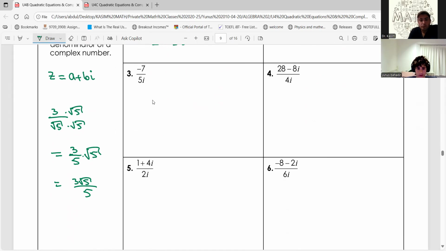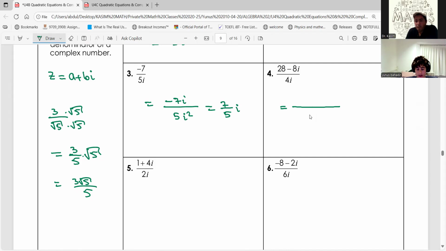Question 3. So you have to do negative 7i over 5i. Multiply top and bottom by i.